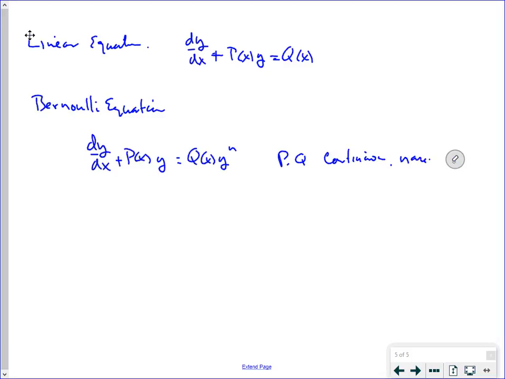It doesn't have to be a whole number or an integer. It can be something weird like an n of 2/3 power.